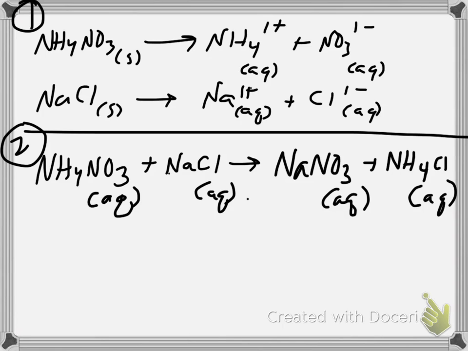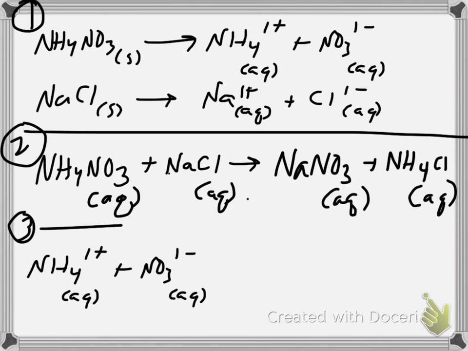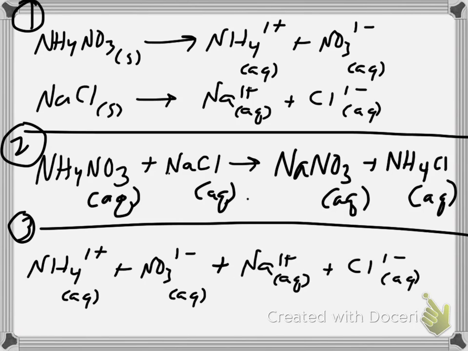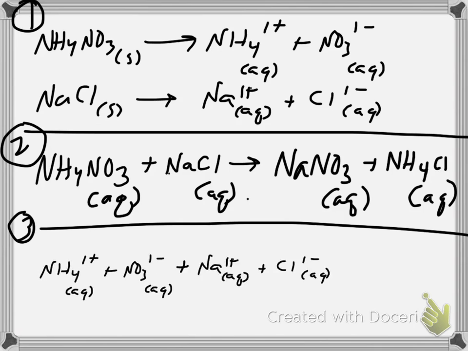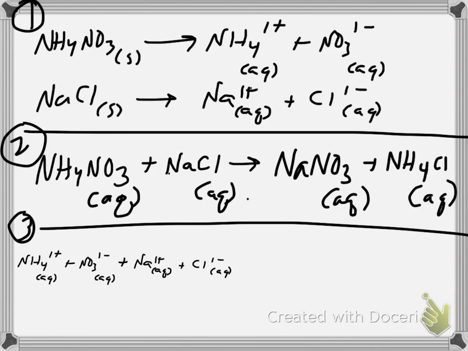And the way we show this is that we do the overall ionic equation, and I'm going to again cheat and just copy and paste these. There's my reactant side.